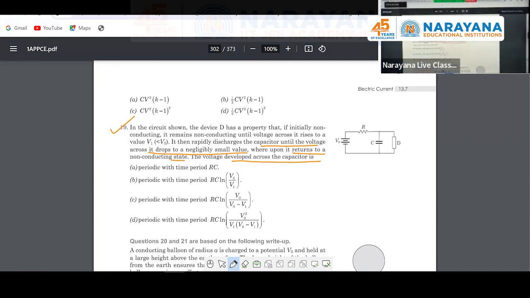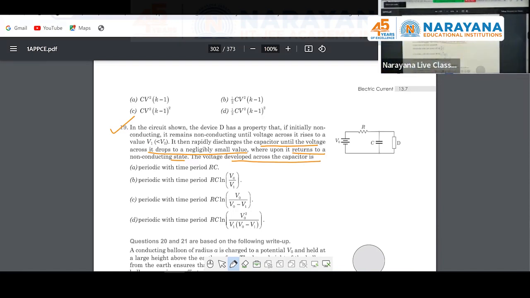So can you tell me the periodicity, the voltage developed across the capacitor is? He has already mentioned that up to a value which is V1, and V1 less than V0, it remains non-conducting. So basically, it behaves like an open circuited wire.